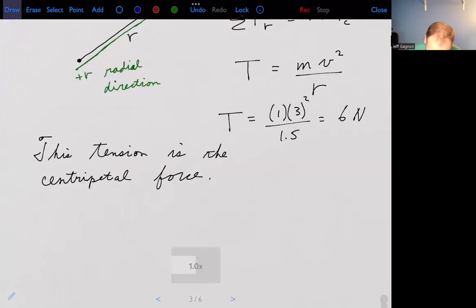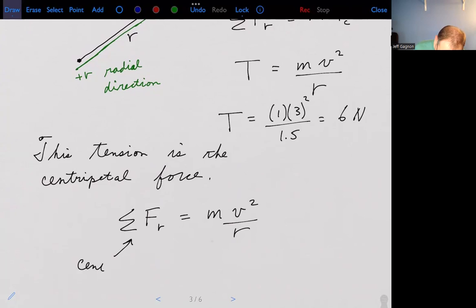Okay, so when we say the sum of the forces in the radial direction equals m times v squared over r, then this left-hand term here, whatever that net force is, the sum of the forces, this is the centripetal force. It's not special, right? Because it's just due to the tension in the string. There's no special force. It's just the fact that we give it a name because it's acting in the radial direction. So that centripetal force is acting in the radial direction.